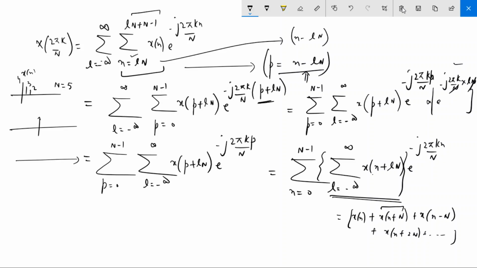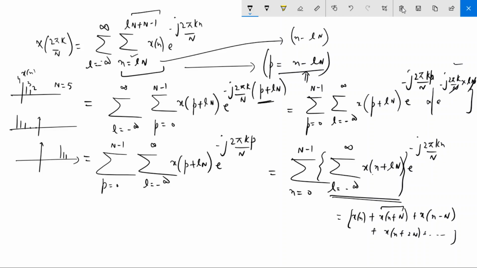What is x of n minus 5? The same sequence shifted by 5 samples to the right. It means this 0 will be shifted to now 5. So at 5 you have 4, 3, 2. Similarly, in this case it is shifted by 5 samples to the left. So you have 2 zeros here in between, and so on.